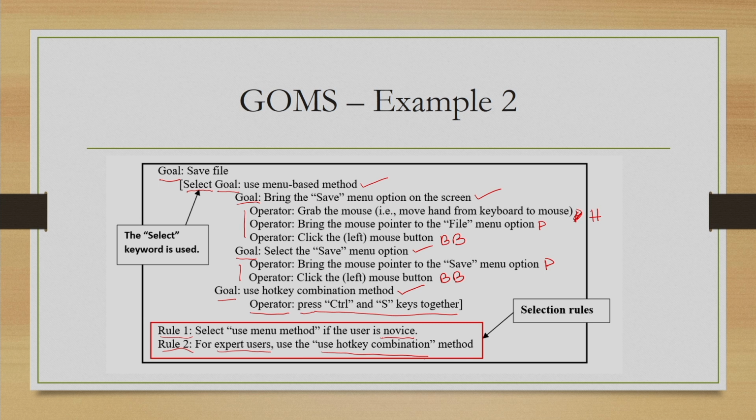If the user is novice, we will not bother about this goal, we will assume that the goal is achieved through these sub goals. If the user is expert, then this goal will not be considered and instead we will consider this goal, and then accordingly we will consider the time.